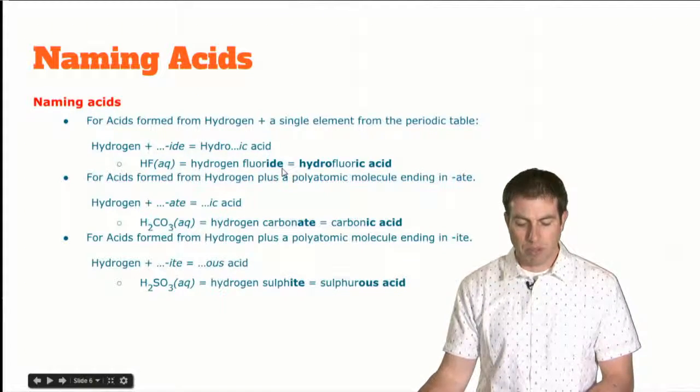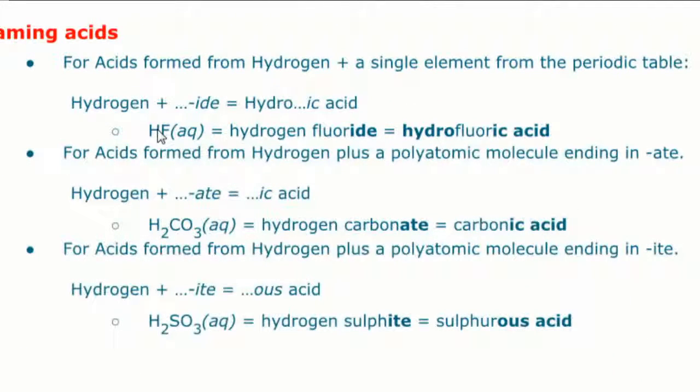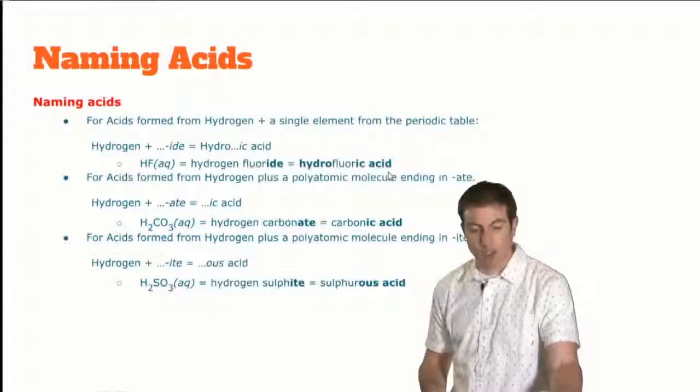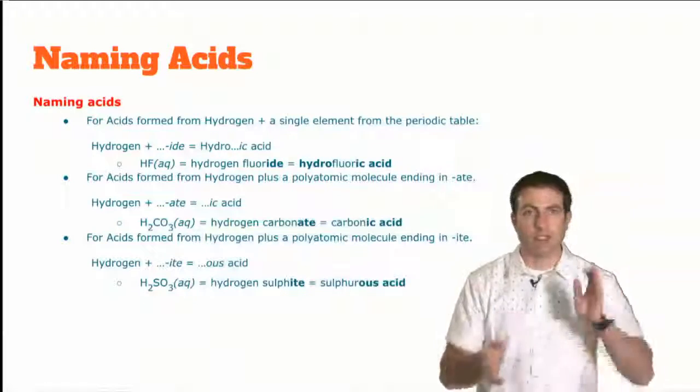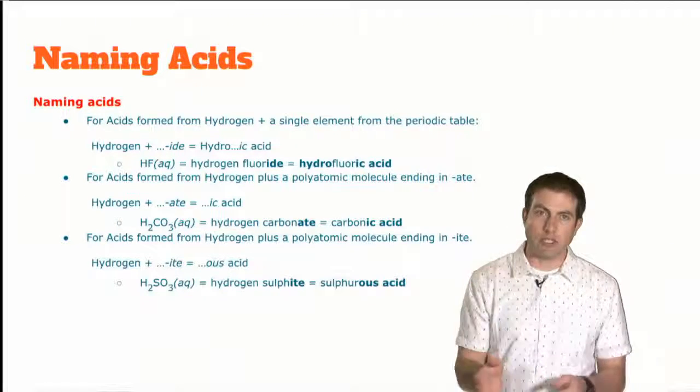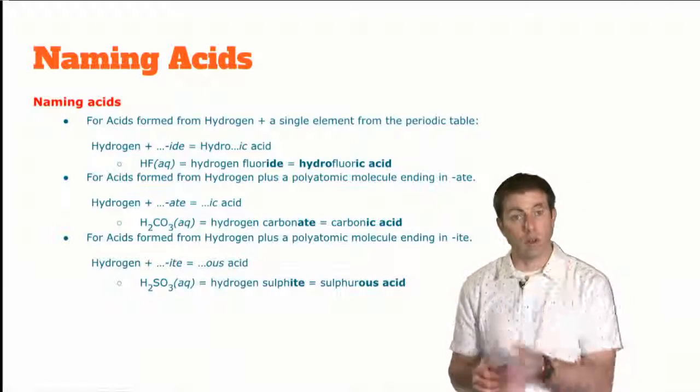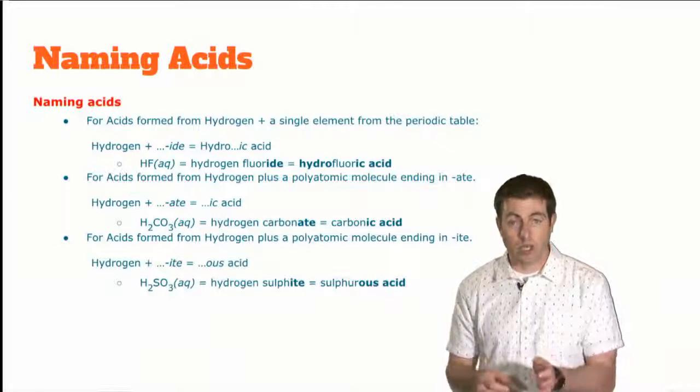But because it starts with an H, it's an acid. So we don't call it hydrogen fluoride. We want to recognize it as being an acid. So what we do is we put the word hydro in front of it, and then fluoride changes to fluoric, and acid. So anytime you have an acid that is just an H and a nonmetal, HF, HCl, HI, that's going to be hydrofluoric acid, hydrochloric acid, hydroiodic acid.